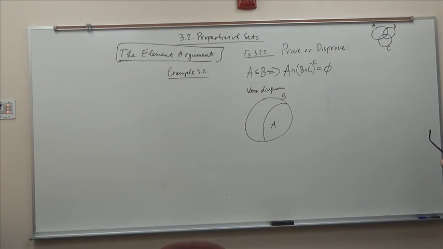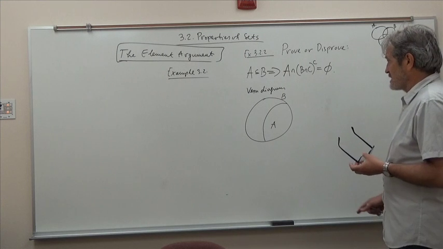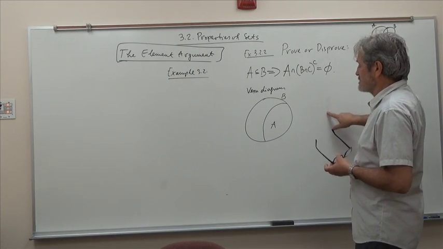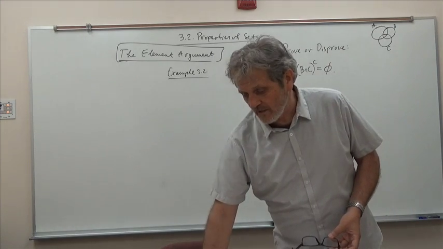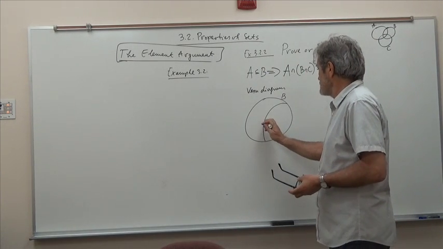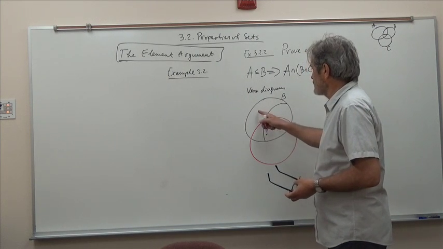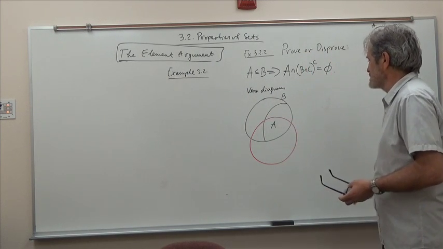Be careful how you draw C, because basically there are 3 regions here: this, B not A, and completely outside. So the most generic situation for C would be this one, which cuts a little bit of all three regions, 1, 2, and 3. So here's C.